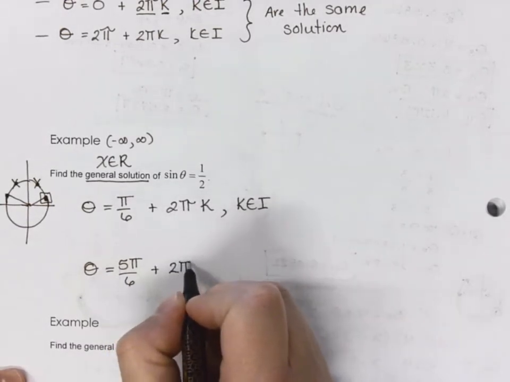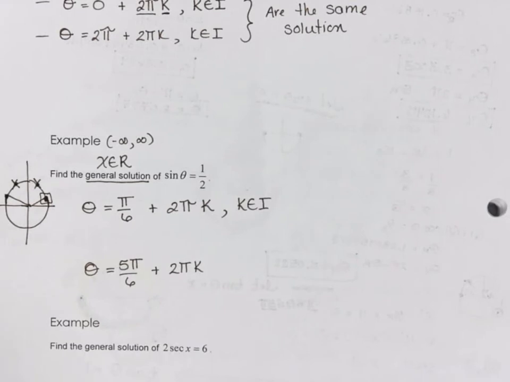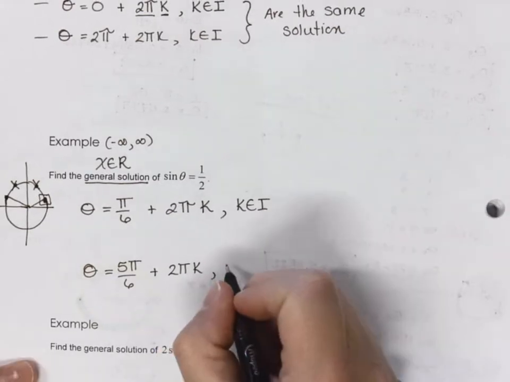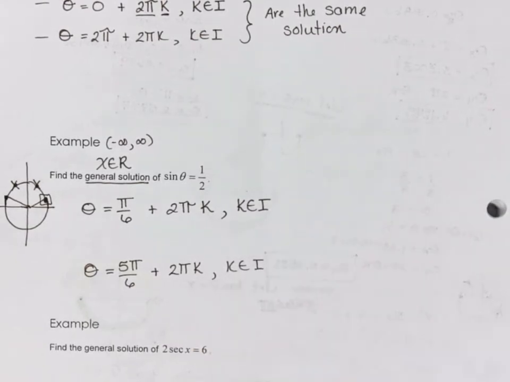We're going to add the 2 pi. And remember, integers are positive and negative whole numbers. You won't get a coterminal angle if k was like a half of a rotation. You wouldn't end up back where you started. So it has to be an integer. Integers are positive and negative whole numbers. So you're going in a positive direction or you're going in a negative direction. That is your general solution here. And you need the two. These are not the same.